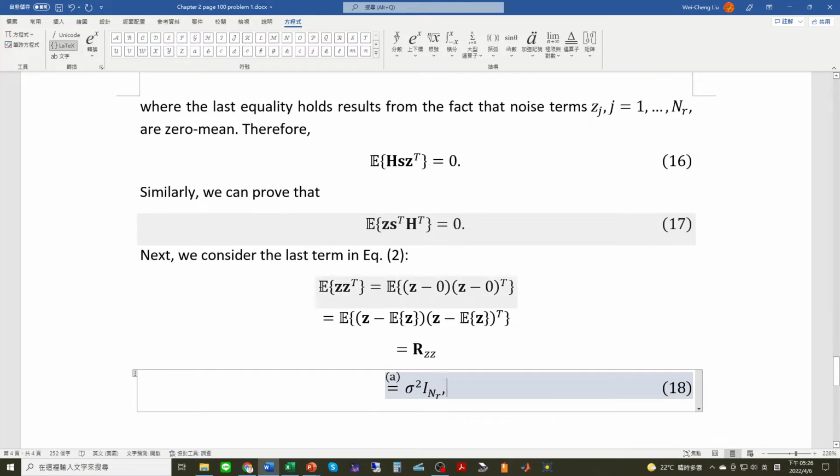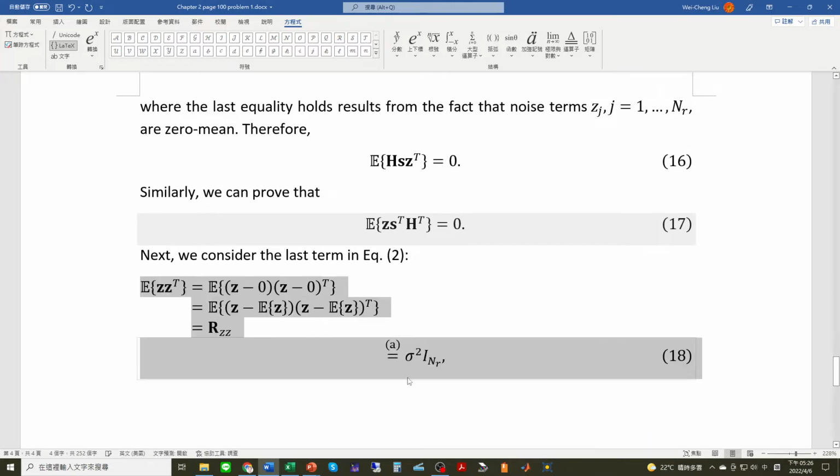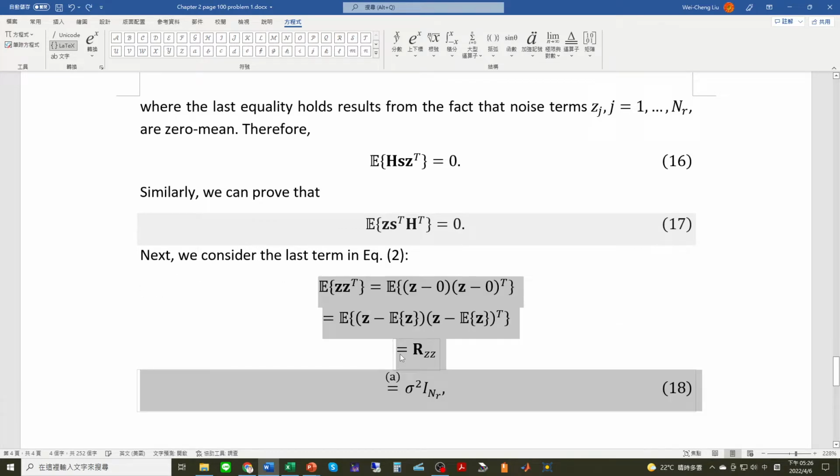And let me align at the equality sign. Okay, I can't align it.